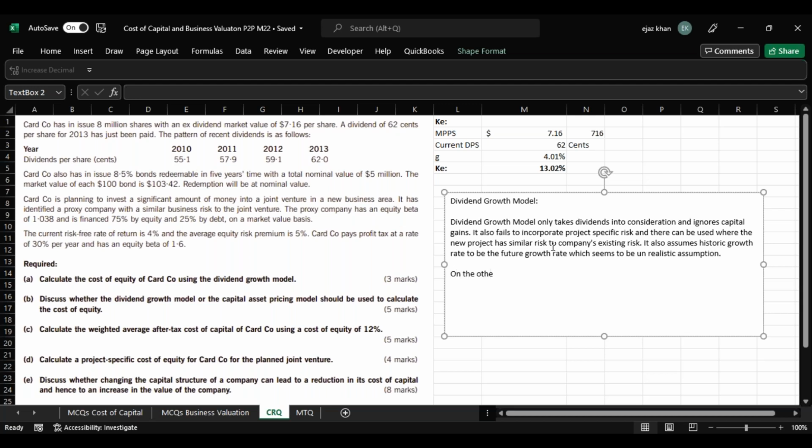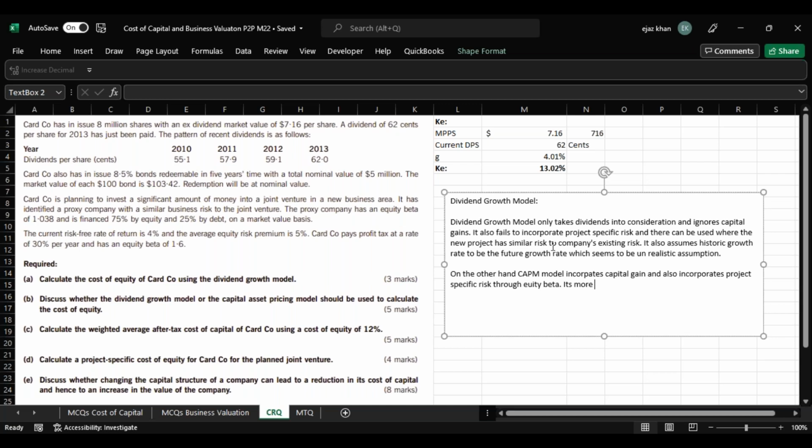On the other hand, the CAPM incorporates capital gain and also incorporates project-specific risk through equity beta.